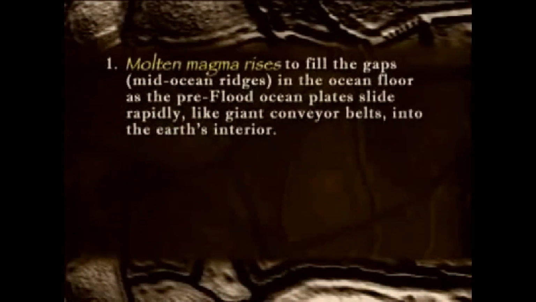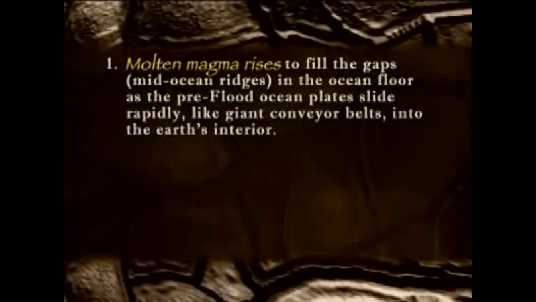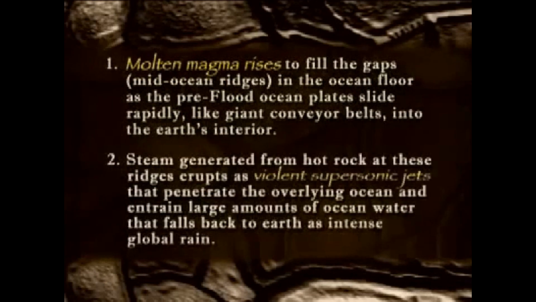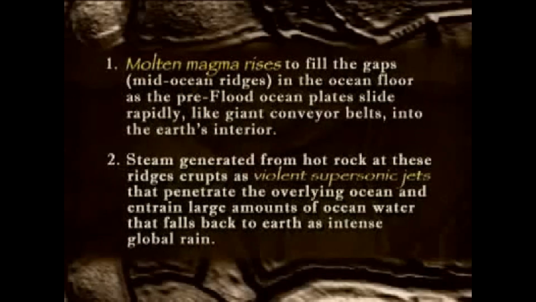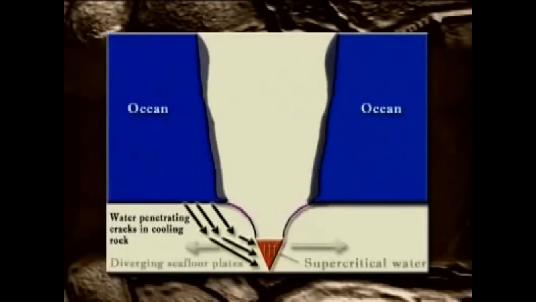So we have molten magma rising to fill the gaps where the ocean floor is pulling apart and is sliding like giant conveyor belts into the Earth's interior. Steam generated from the hot rock at these ridges erupts as violent supersonic jets. Jets like this, where we have water circulating down through the hot rock, becoming supercritical.